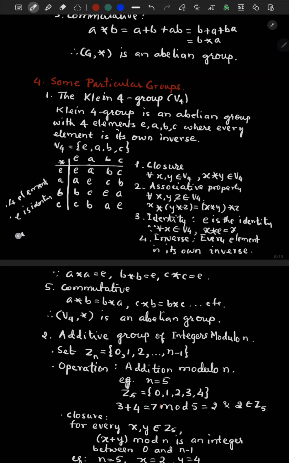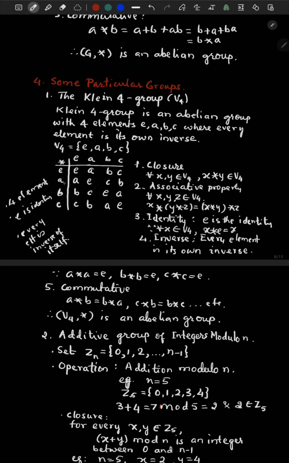These 4 properties are there. Every element is inverse of itself. Such a group is called the Klein group. It is given in this tabular form.